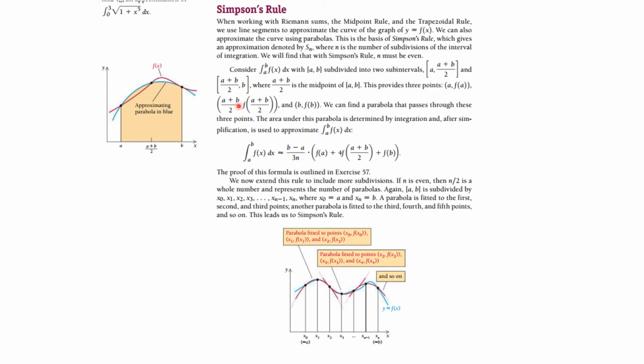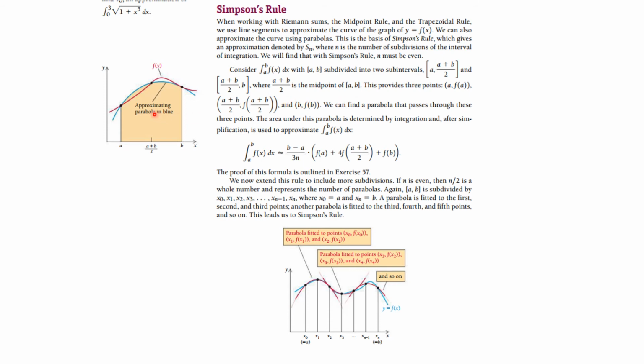Now there's a lot of computations that are involved with this, but the formula that we get at the end is really quite simple. So what we do is we take this interval and we divide it into two equal subintervals, and a plus b over 2 is the midpoint.